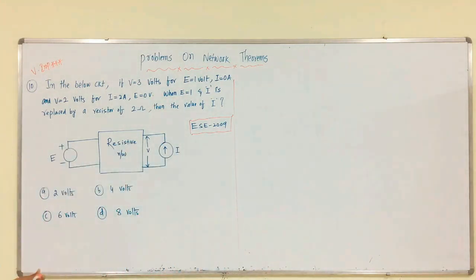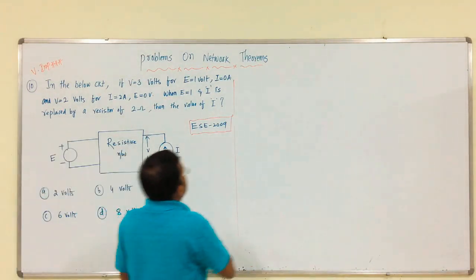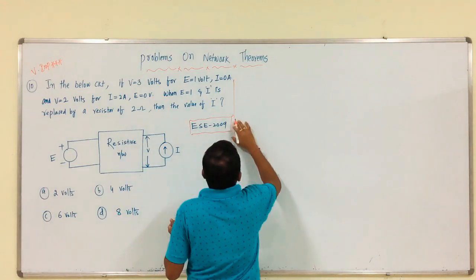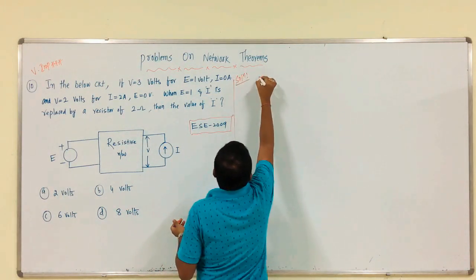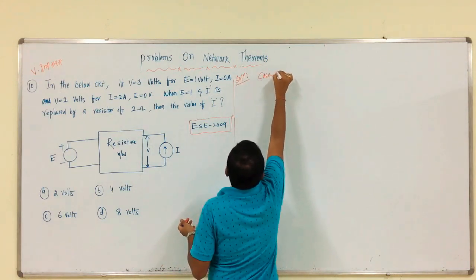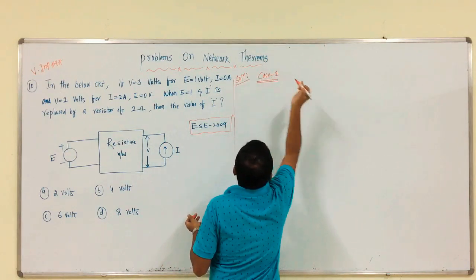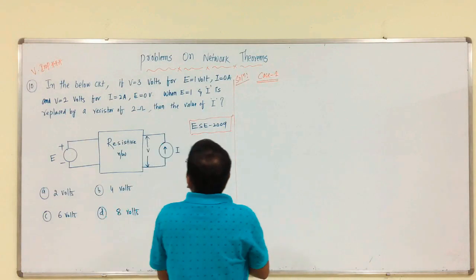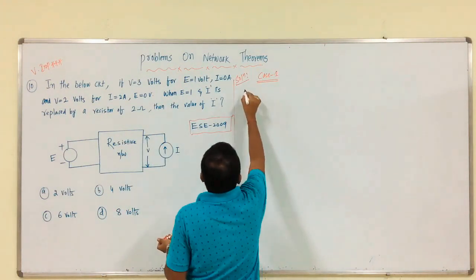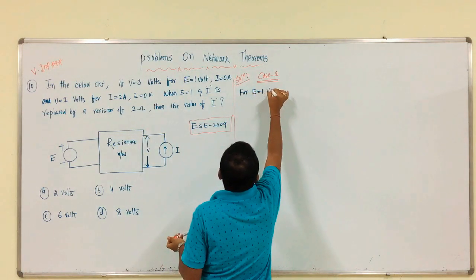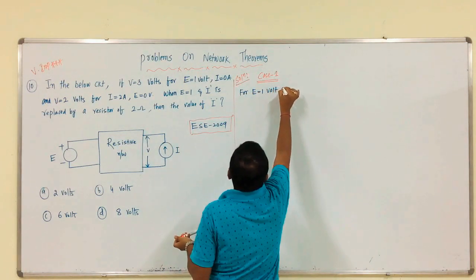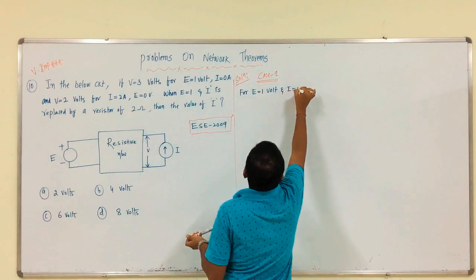Okay, first case 1. Solution. What is case 1? For E equal to 1 and I equal to 0 amps.